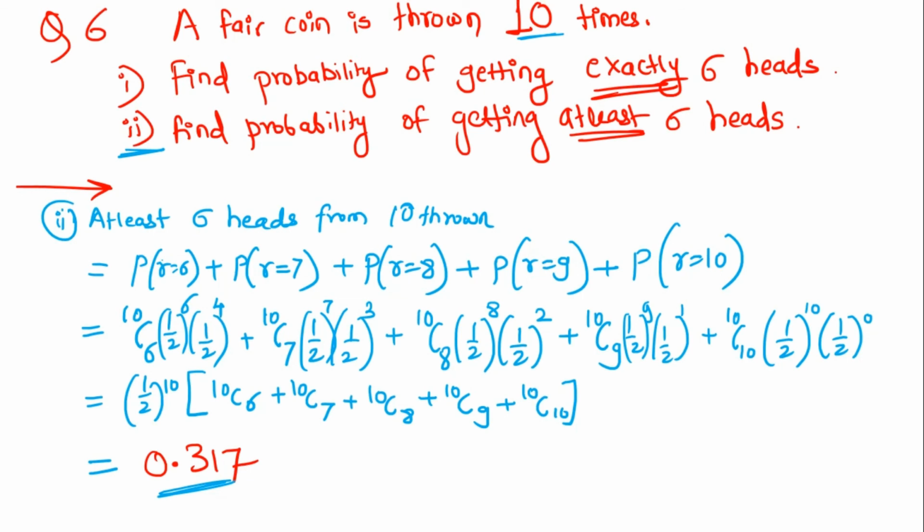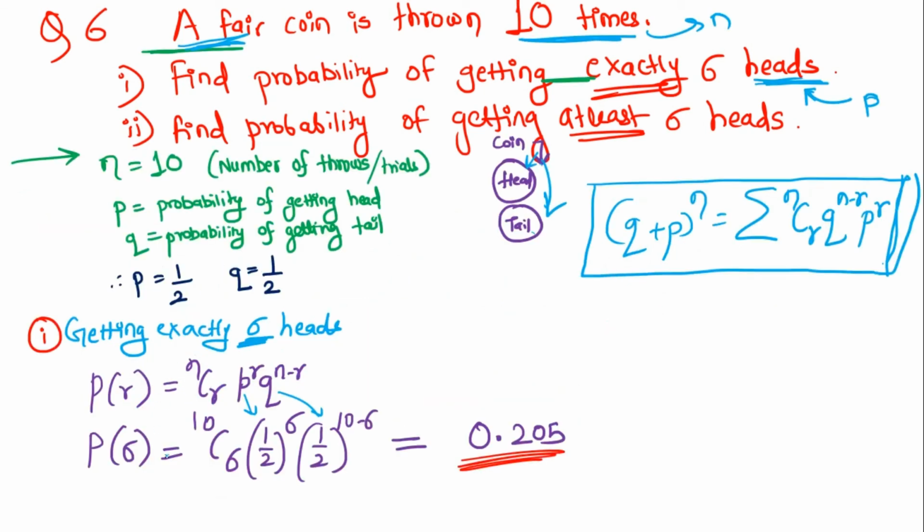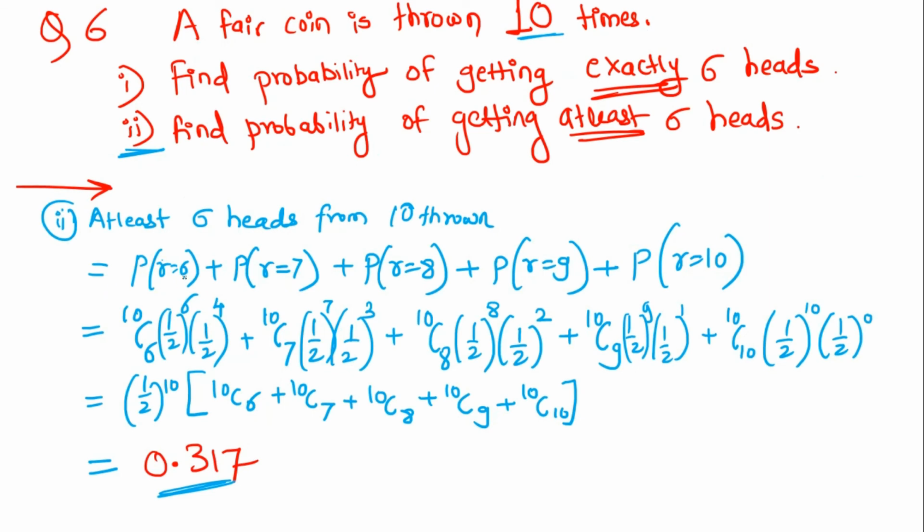In the same way, whatever we performed for probability of r equal to 6, we have to keep this formula for all of these r values, where P of r is 6, P of r is 7, P of r is 8, r is 9 and 10. Perform all of this, and we will get the final answer, that is 0.317.